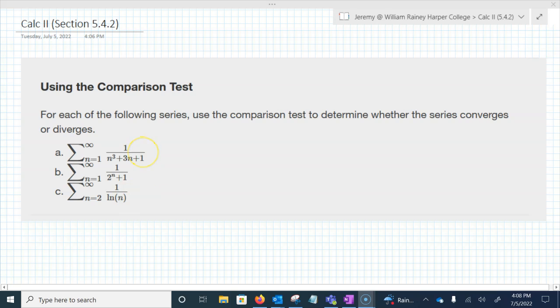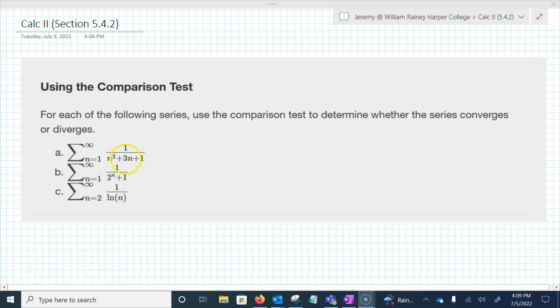So let's dig into the first example, the series whose terms are 1 over n cubed plus 3n plus 1. Notice that this is a polynomial in n, and I've got a power of 3. So I know that the p series, 1 over n cubed, converges, and I know that 1 over n cubed is going to be larger than 1 over n cubed plus 3n plus 1. Why?